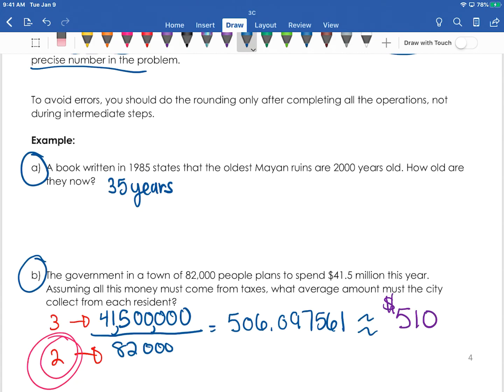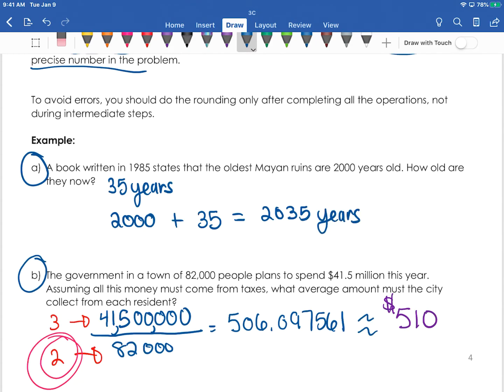So back in 1985, they approximated the oldest Mayan ruins at 2,000. So we have to add on 35 years to that. So we're going to take 2,000 and add 35 years. When I do that, I get 2,035 years.